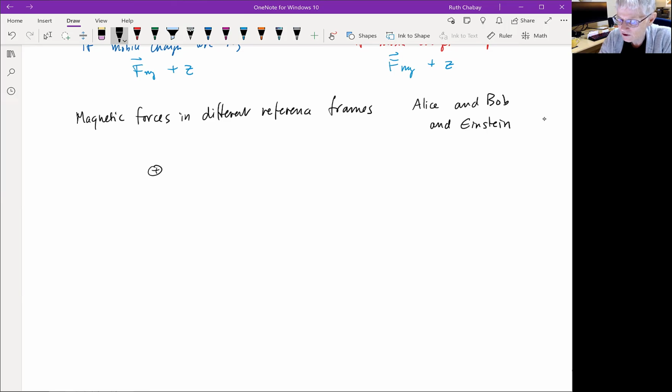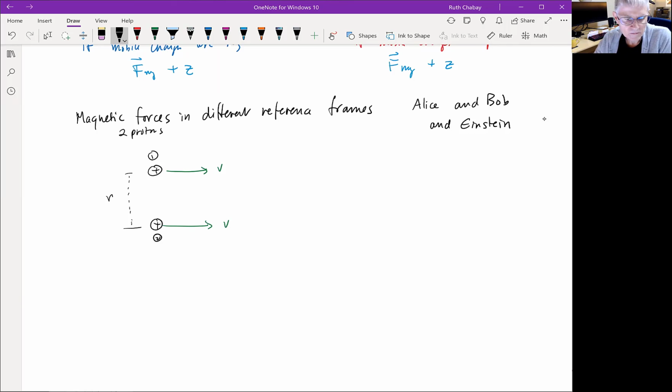We've just got two protons, which are moving to the right with some speed v. And at the instant we start out, they're some distance r apart. And so let's call these protons 1 and 2. What we're going to do is just figure out the total force that proton 1 exerts on proton 2.